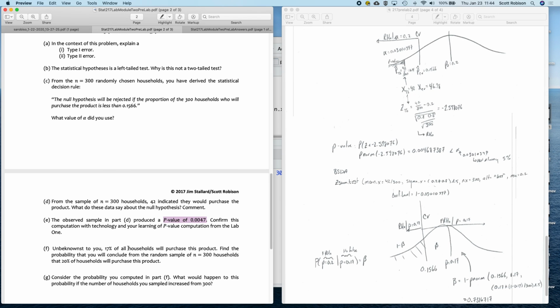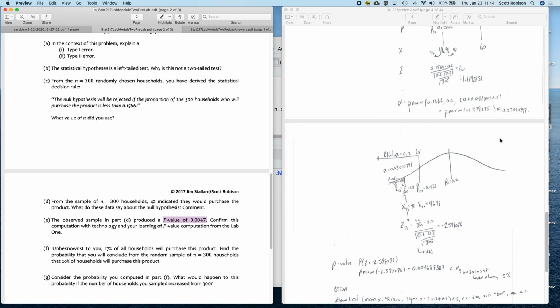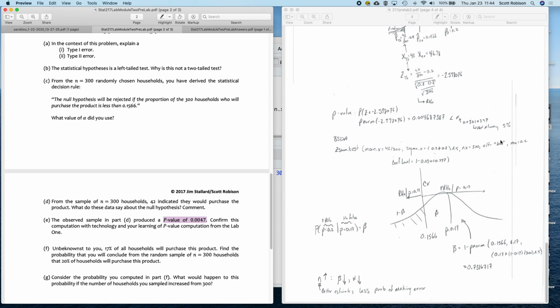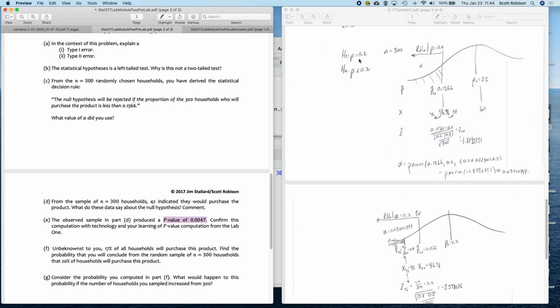And now they're saying perhaps our hypothesis was, let me just see if I've redrawn this. Oh, no, I haven't. So we believed that the proportion was 0.2, but perhaps the true proportion is actually 0.17. Okay, so here we've developed our rejection plan based off of the proportion being 0.2.